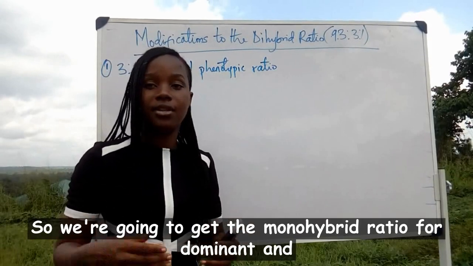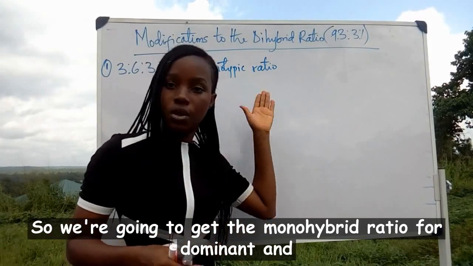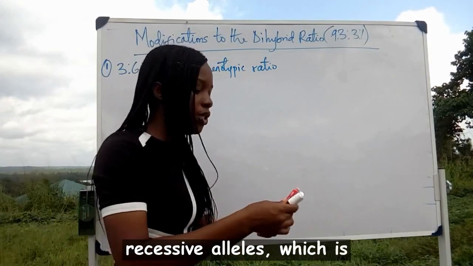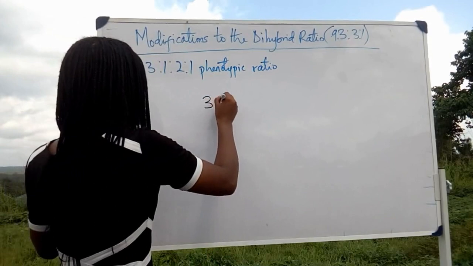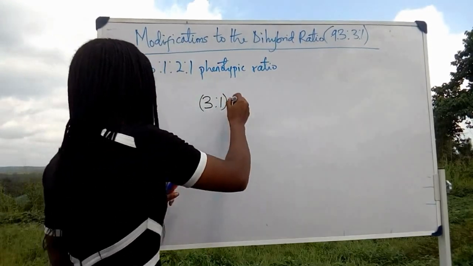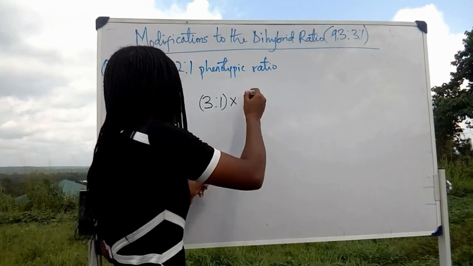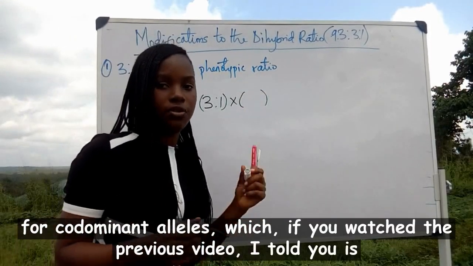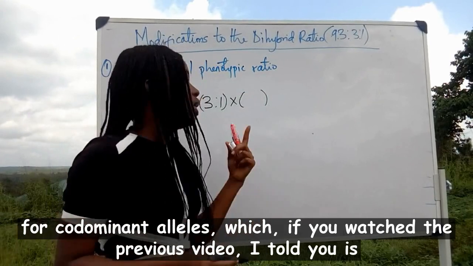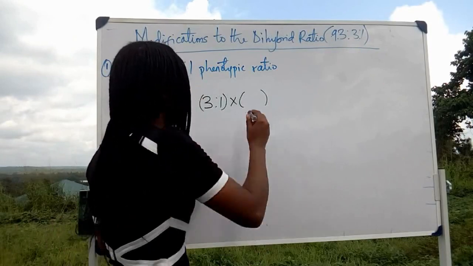So we are going to get the monohybrid ratio for dominant and recessive alleles, which is 3:1, and multiply it by the monohybrid ratio for codominant alleles, which, if you watched the previous video, I told you it's 1 to 2 to 1.